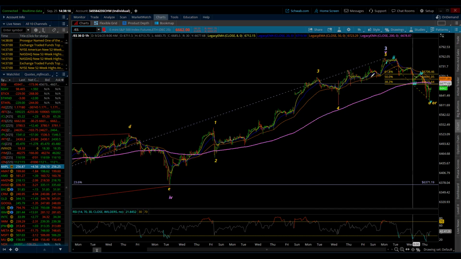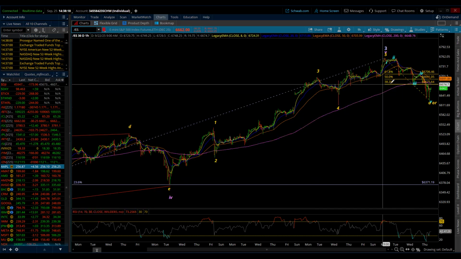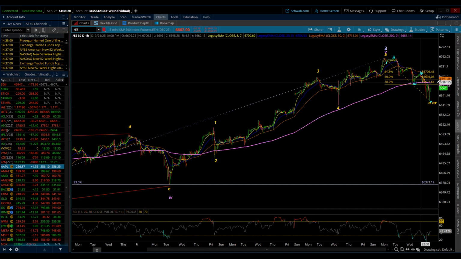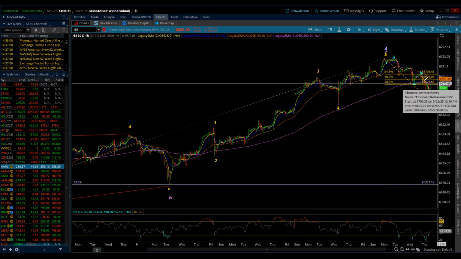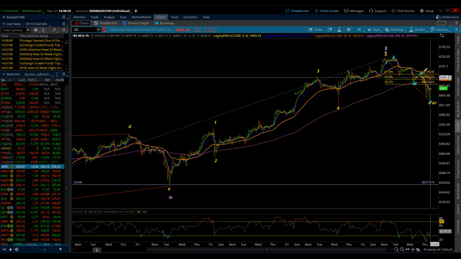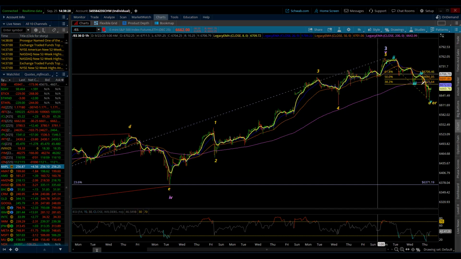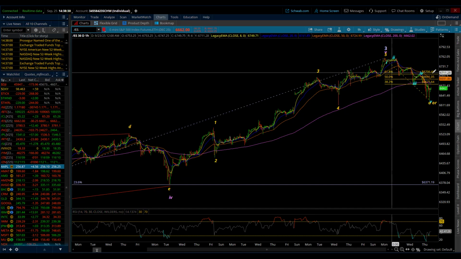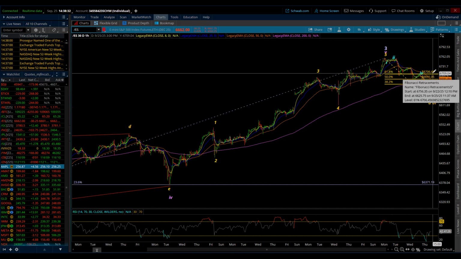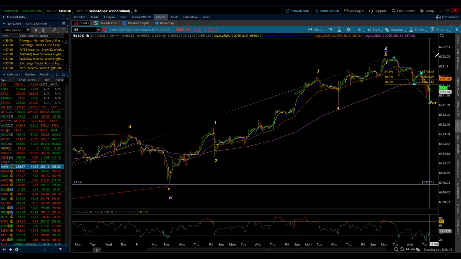There's always that potential. But right now, we have 382 resistance at 66.75, 50% at 66.91, 618 at 67.06. And so I think a B wave very often will get to that 61.8. In fact, we kind of look for it to be the most common. And it'll come up in an ABC of its own.